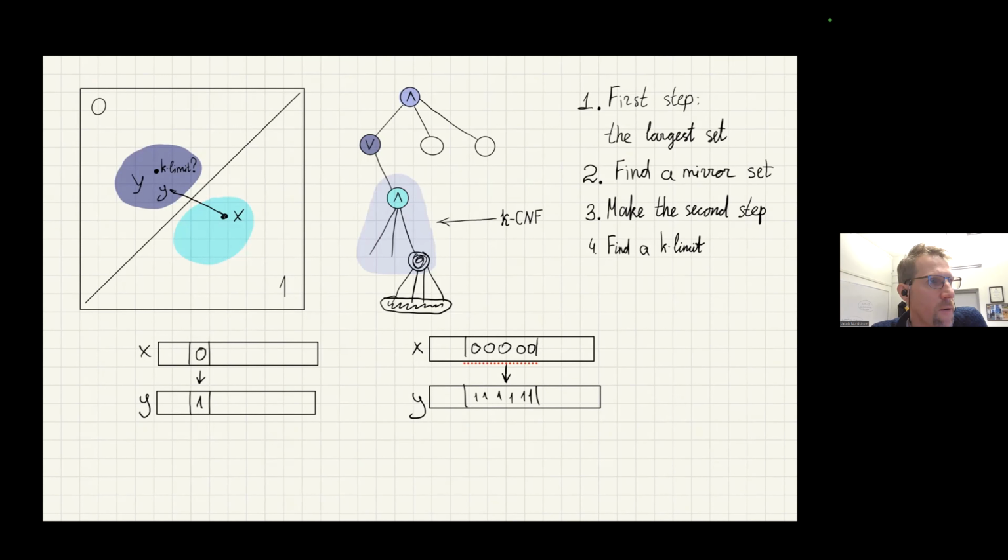So now we know what we want to use to find the k-limit here, and knowing that, I want to tackle this. I want to find a mirror set now, and then pick the biggest chunk of the mirror set as I do in the second step.